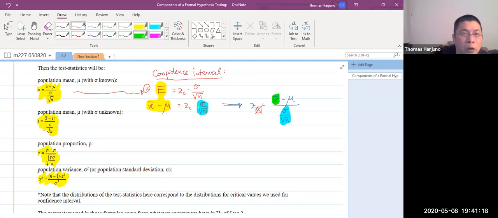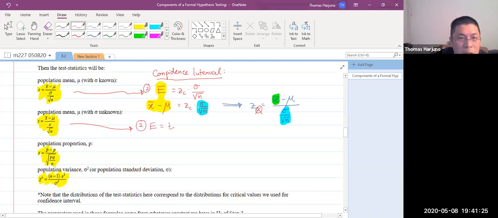If we take a look at this one, for example, in the confidence interval case, our margin of error was t critical times s over square root of n, right? Now, the margin of error is the same as x bar minus mu. Therefore, if I change this to the test statistic t, that will be the margin of error, which is x bar minus mu, over the sample standard error, right?